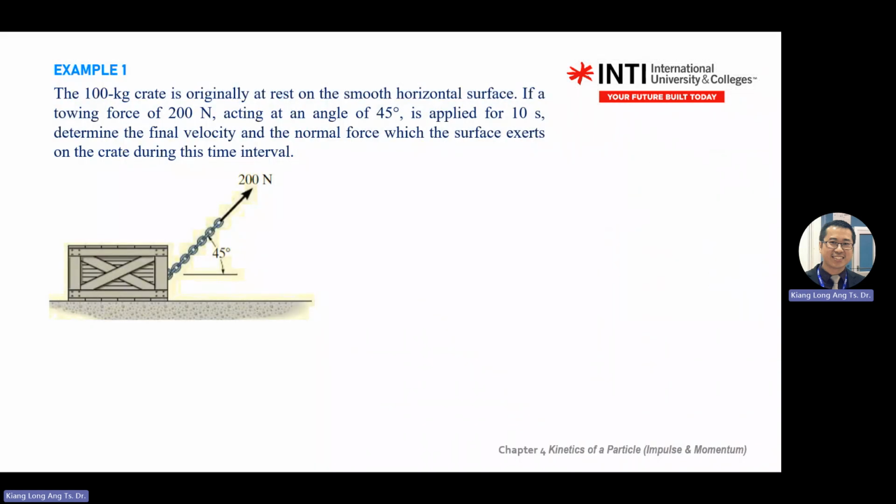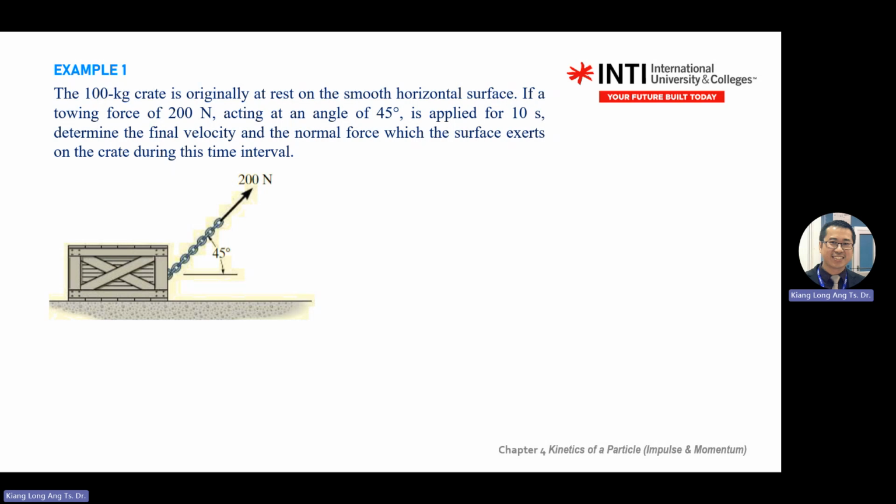So let's look at this one. This can be a chapter 1 question, chapter 2 question. It can even develop into the principle of work and energy. You have a 100-kilogram crate originally at rest on a smooth surface, pulled at 200 Newton. The towing force and acting angle are given, applied for 10 seconds.